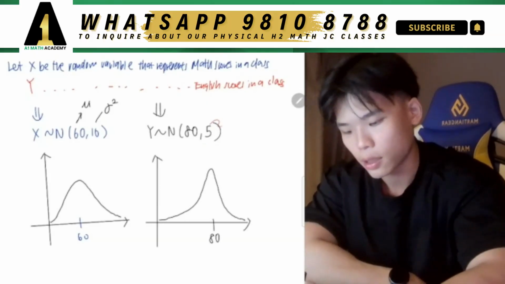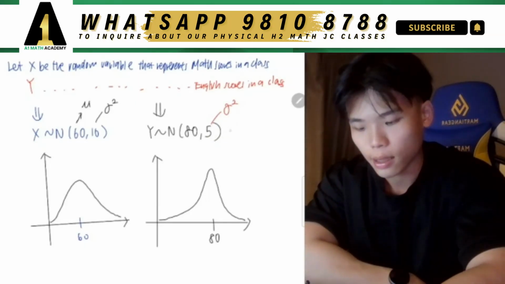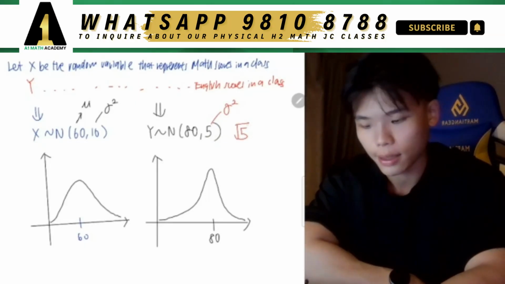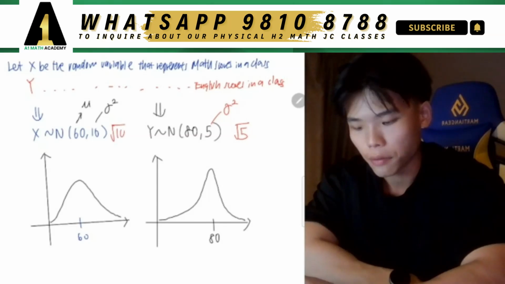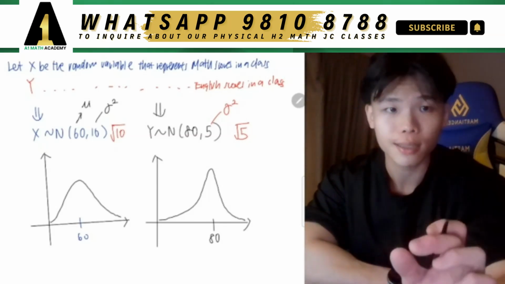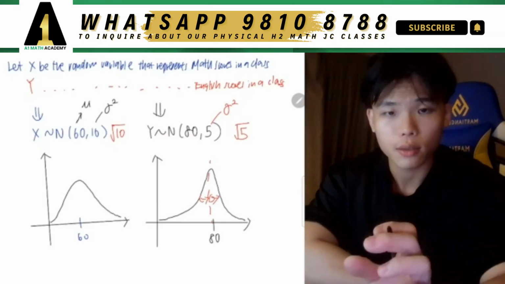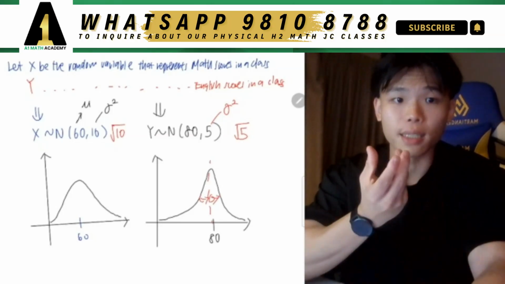It's a lot skinnier because this variance is smaller. The standard deviation here is root 5, whereas the standard deviation for this is root 10, and root 5 is smaller than root 10. So since the standard deviation is smaller, we will expect a skinnier curve.